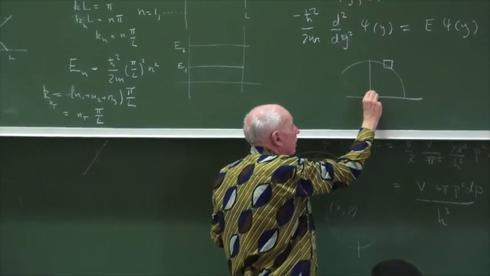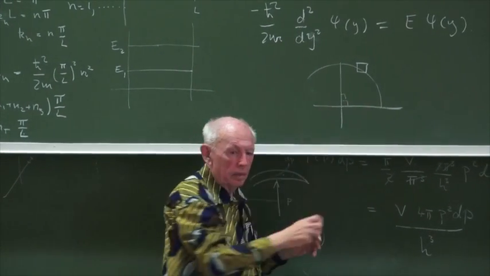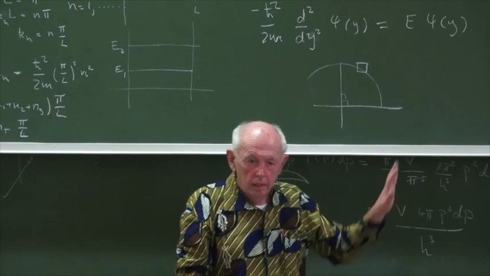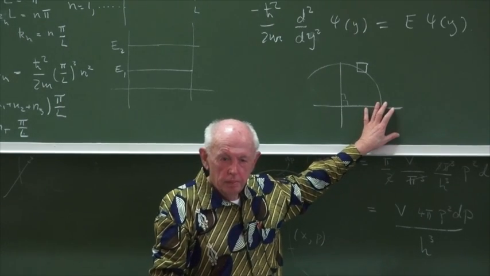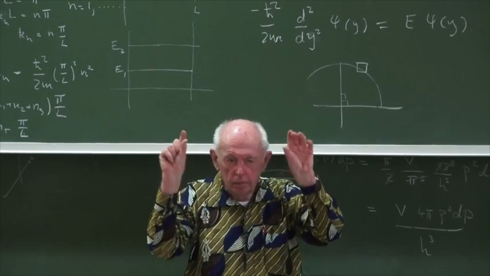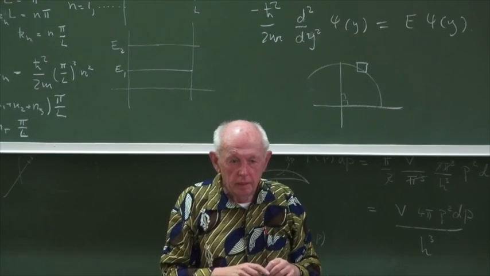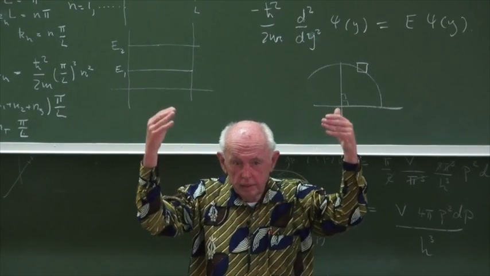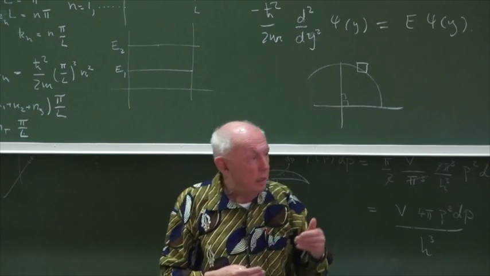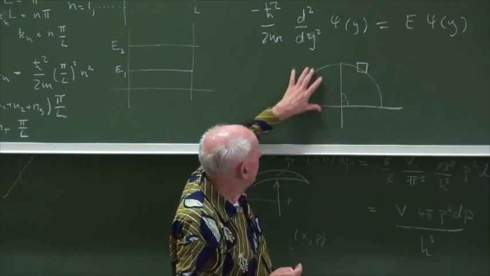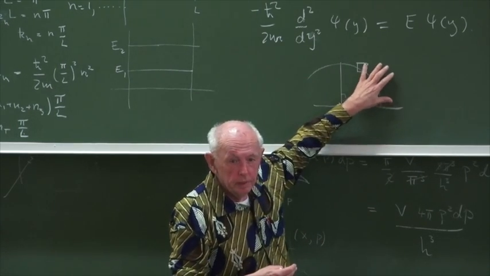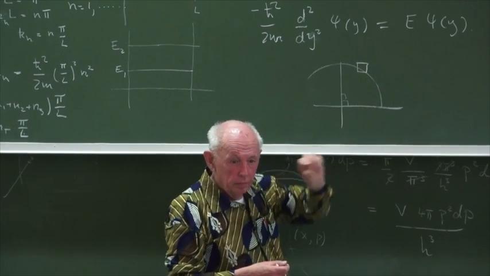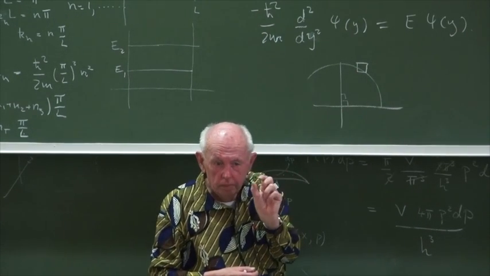So we can divide the whole phase space plane up into little boxes. Then we know how many states there are by taking the area of this phase space and dividing it by the size of a unit box.